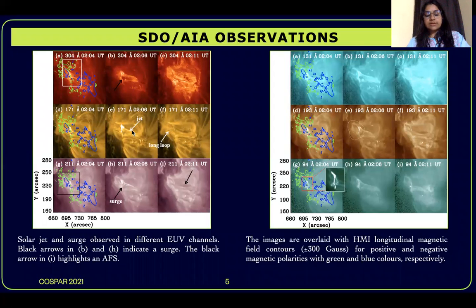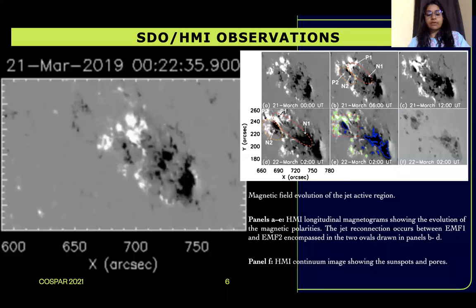The jet is here, this bright one, and this dark material is the surge, which is embedded in the bright branches of the jet. We also observed some arch filament systems, and also long loops at the jet base. The base brightening is enlarged here. We also found a dome-like structure at the jet base.